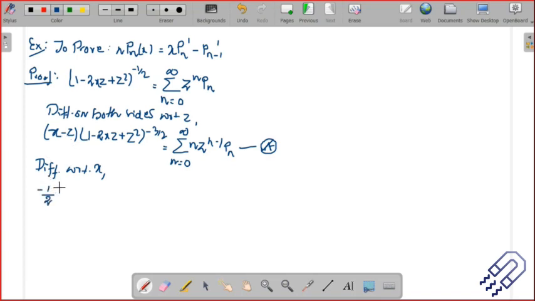So if we differentiate it with respect to x, we have not done it before, so let me just do it in detail. 1 minus 2xz plus z square whole thing to the power minus 3 by 2.